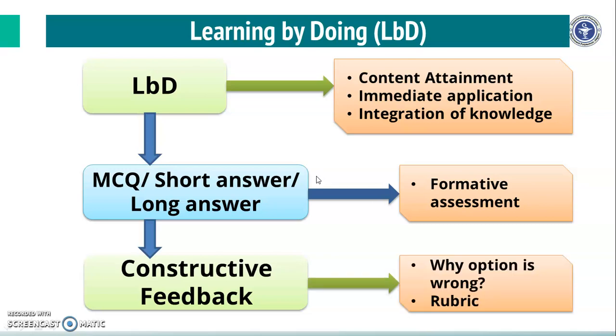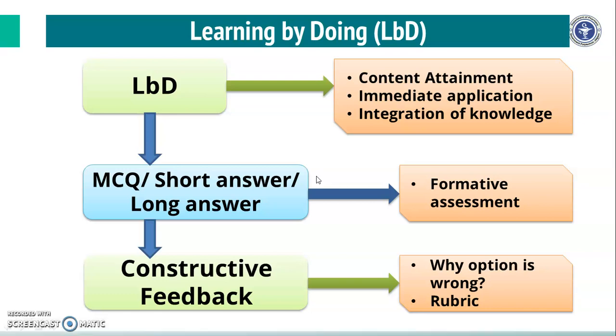Learner gets feedback for why his option is wrong or correct, and if the activity is of long answer type, then the rubric is given so that the learners will know which are the essential parameters in that activity.